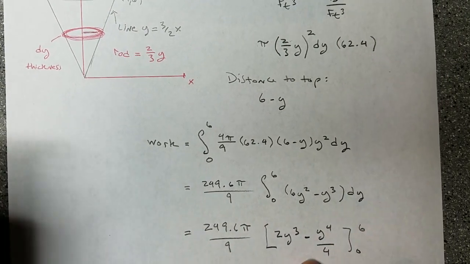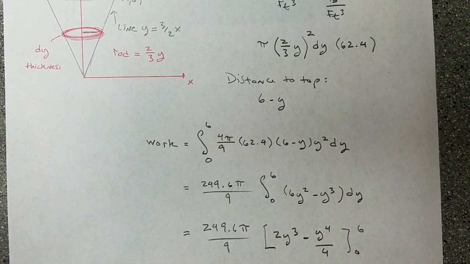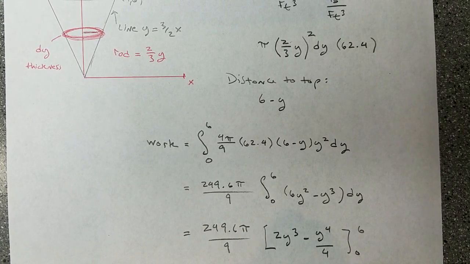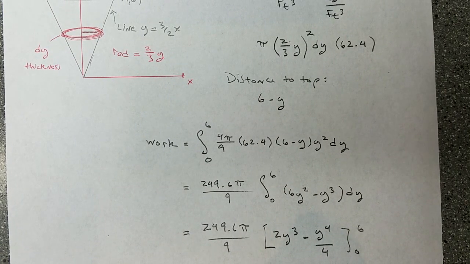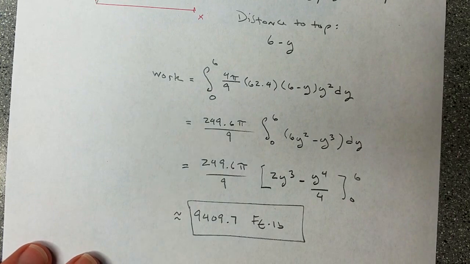I got 108 right there, times 249.6 times pi, and then divide by 9. And I get 9409.7 units, foot-pounds. Okay. And then we're done.